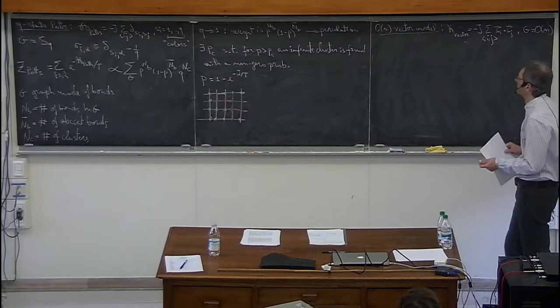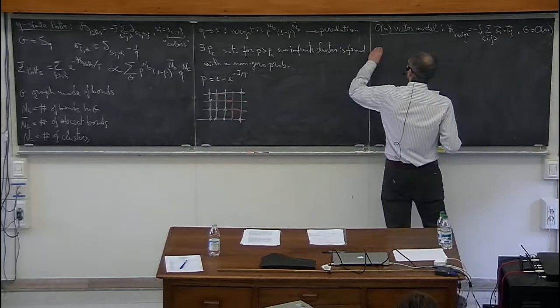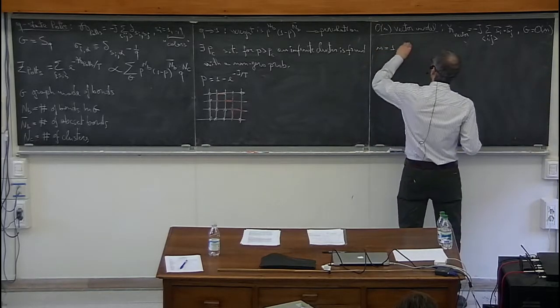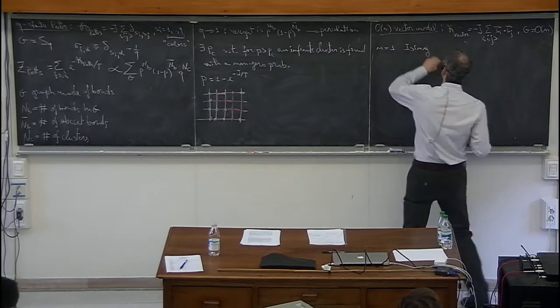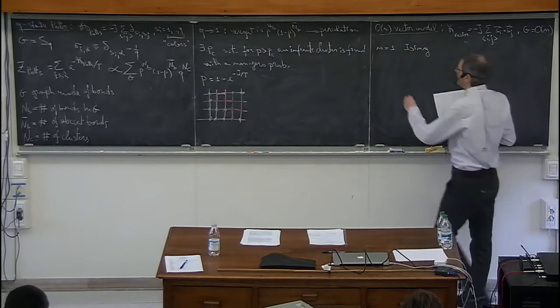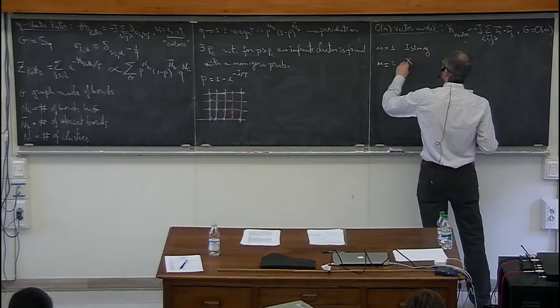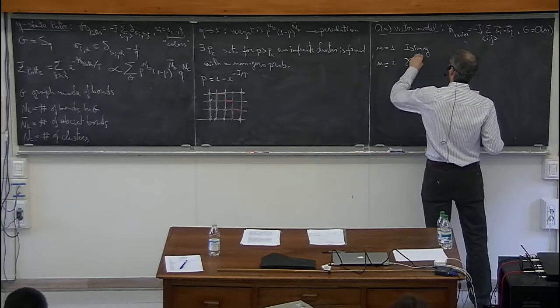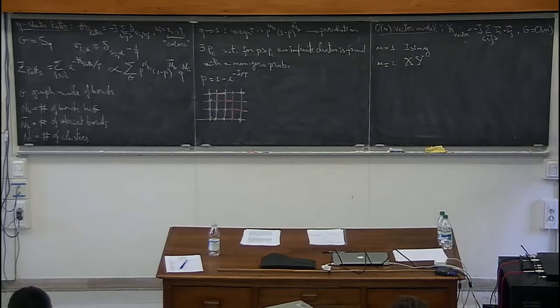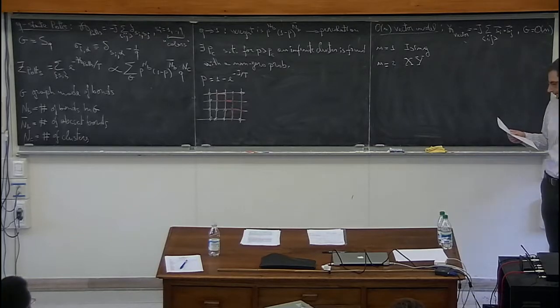Now, for n equal 1, you are back to Ising. For n equal 2, the model is most often referred to as the XY model. So this is just names that it is useful to know.